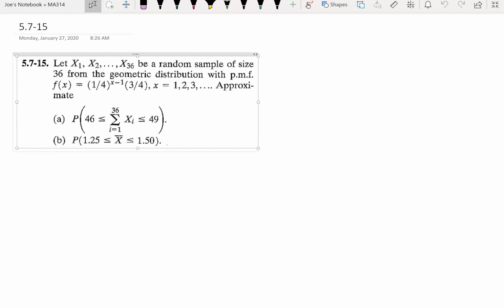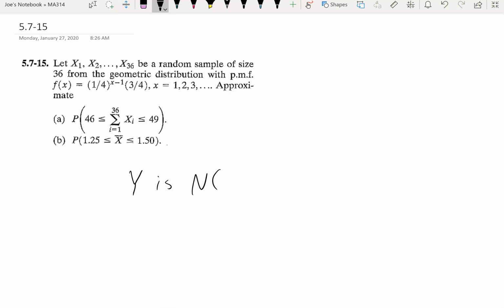All right, so if we're going to approximate this with a normal distribution, what are we going to use for the mean? I don't think it's 4. Oh, why not? Because each individual one has a mean of 4. Doesn't each individual one have a mean of 4?